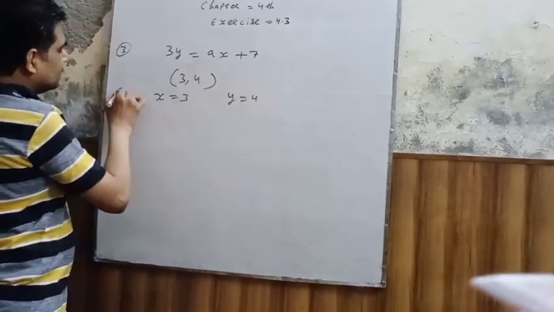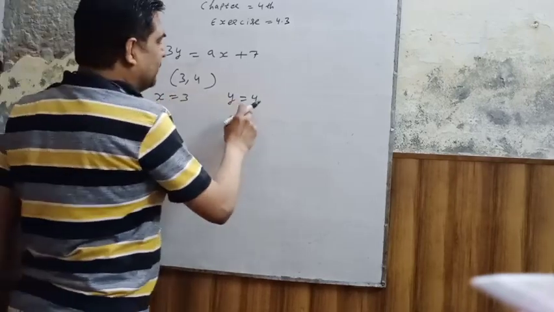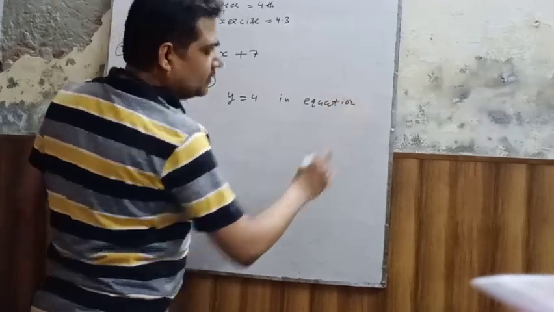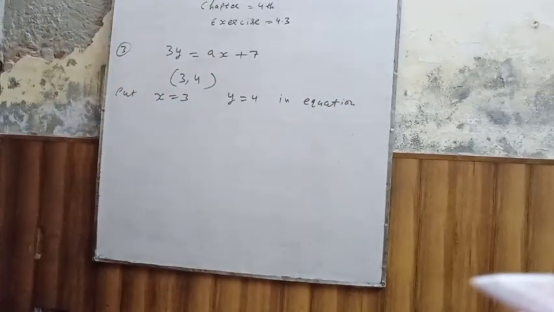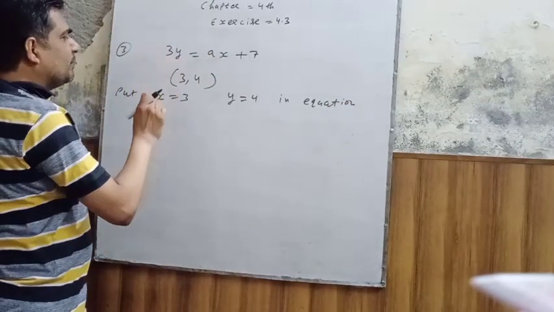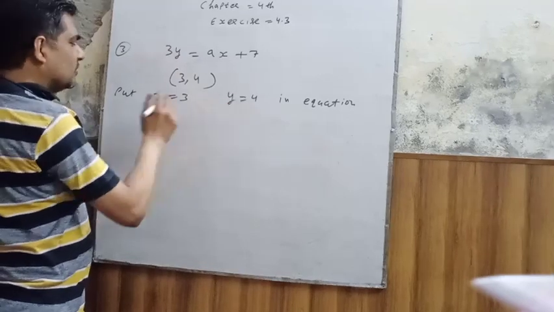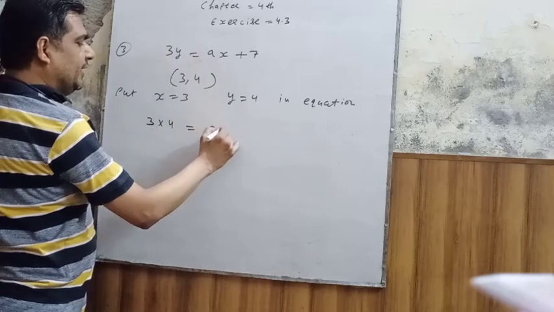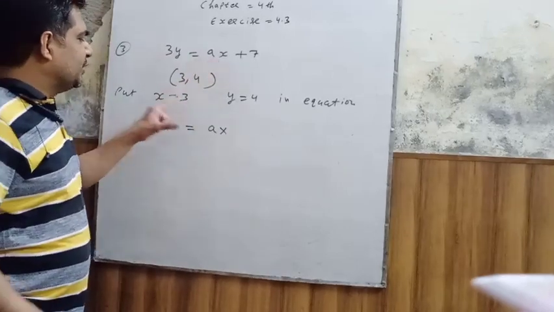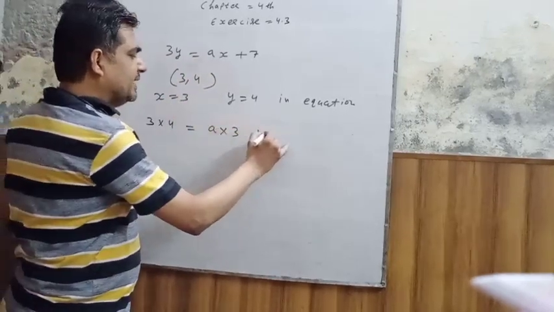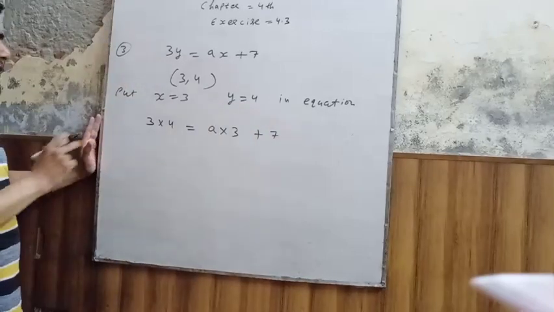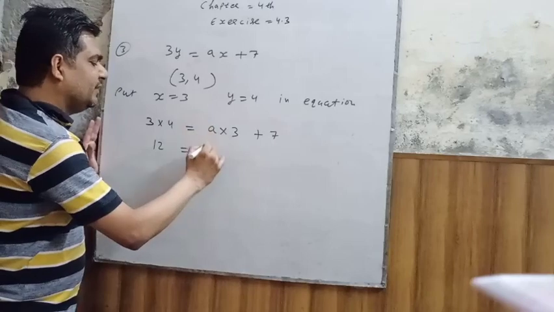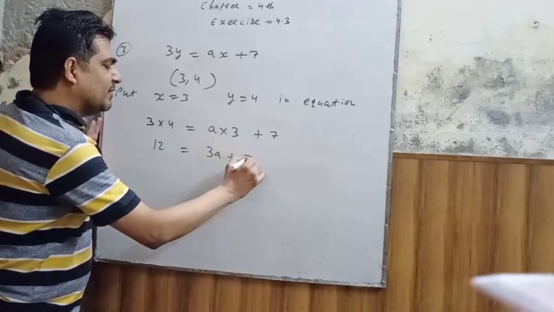Put x 3, y 4 in the equation. Instead of y we write 4, 3 into 4 is equal to a into, instead of x we write 3, plus 7. 3 times 4 is 12 equal to 3a plus 7.